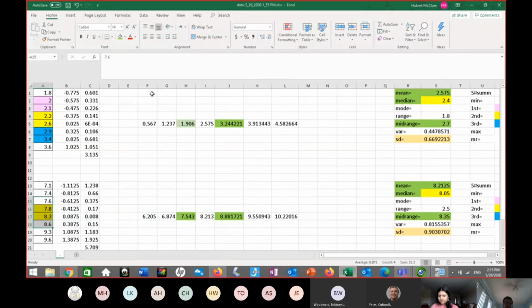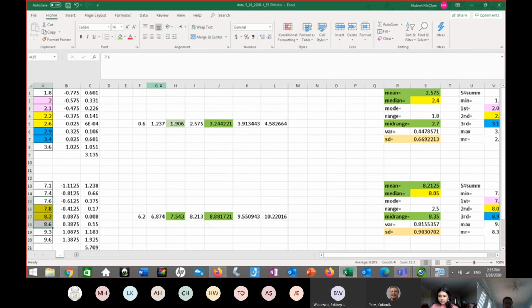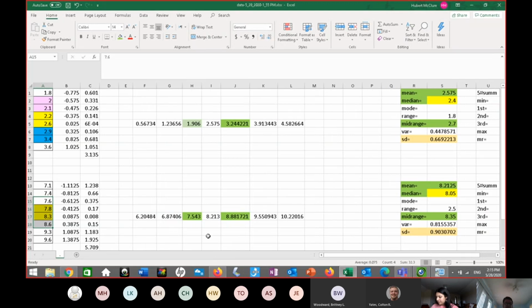Still wouldn't make any difference. Okay, one standard deviation is 7.54, that's right here, to 8.81. Is that not 4?